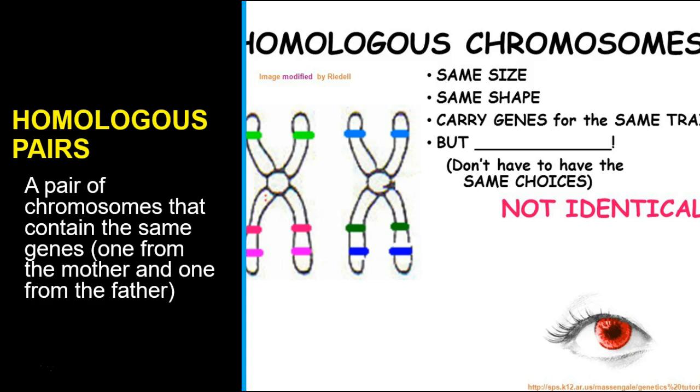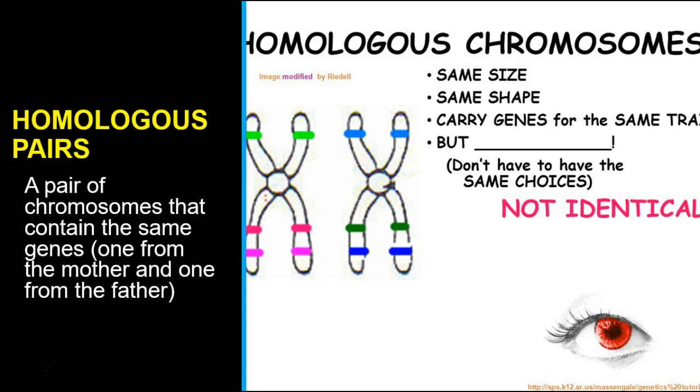So if you look at these two pictures of homologous chromosomes, you'll see that they're the same size and the same shape, because yes, chromosomes can come in different shapes. They carry genes for the same trait, but they don't necessarily have the same choices, so they're not identical.